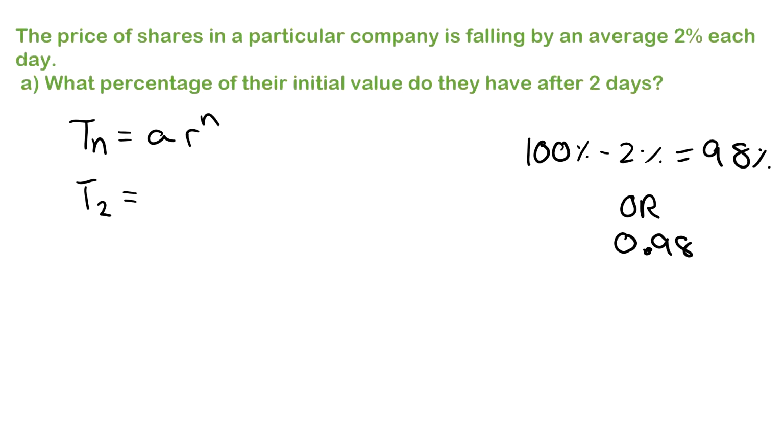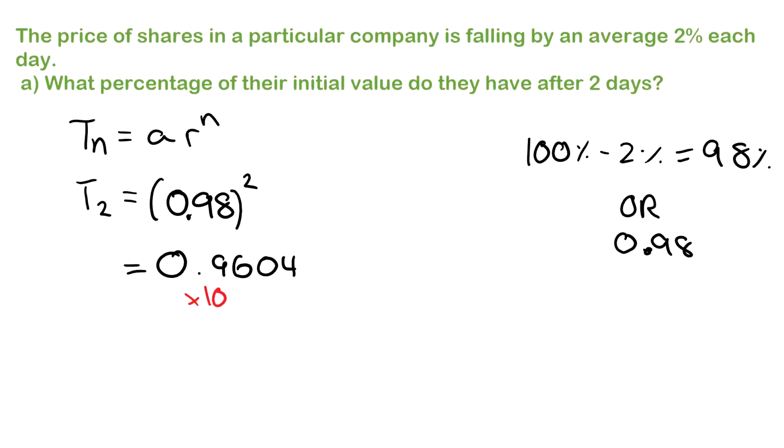So instead of dealing with the 2%, we deal with the 0.98. For 2 days, we have 0.98 and our N is 2. Put that into a calculator and you get 0.9604. As a percentage, we times it by 100 and get 96.04% after 2 days.